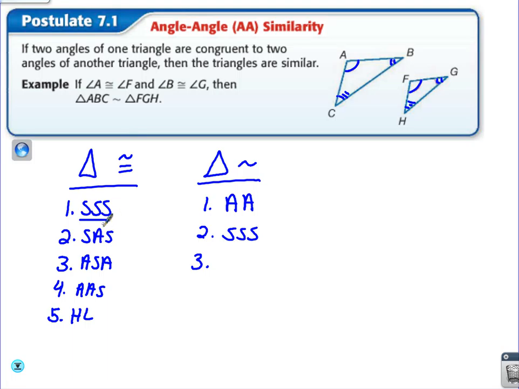The other side, side, side stated, if all three sides of one triangle are congruent to all three sides of another triangle, then they are congruent. This side, side, side states that if all three sides of one triangle are proportional to all three sides of another triangle. And I'll show you in a second how you can check that. And the last one is also off your other list, side, angle, side.